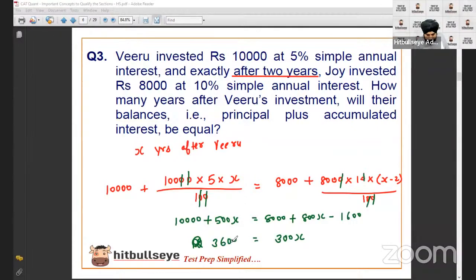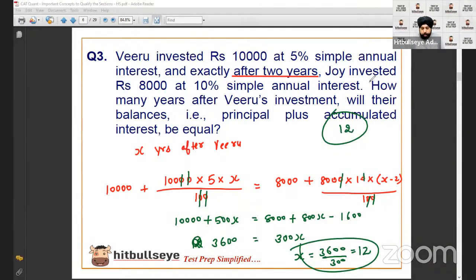So it is 3,600. So people, the value of x comes out to be 3,600 by 300, that is 12. So after 12 years of Viru's investment, they both will have their total accumulated balances equal.